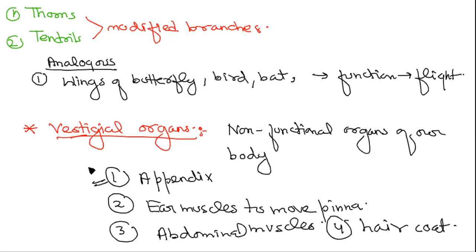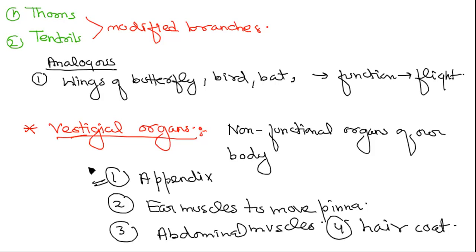Over there, to maintain balance, a tail is required. But due to change in habitat, there is no requirement of those organs, because of which they reduced to vestiges. This is the only reason.